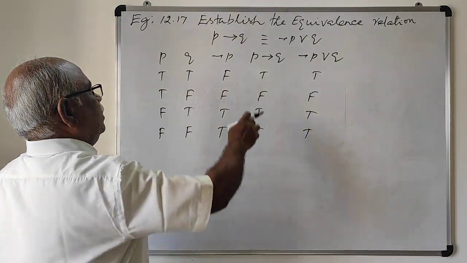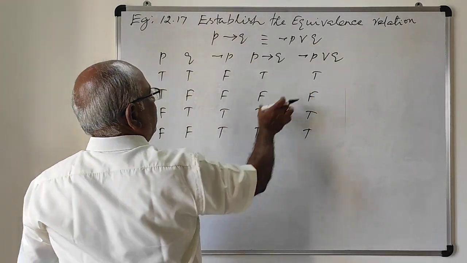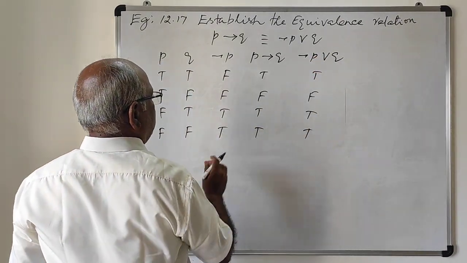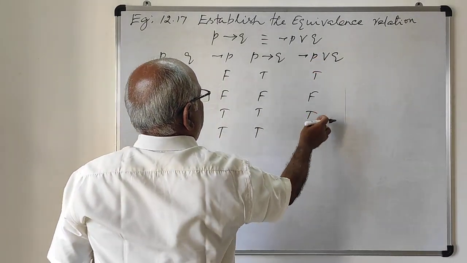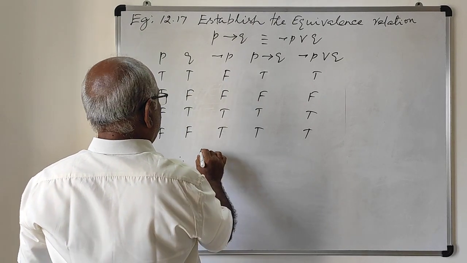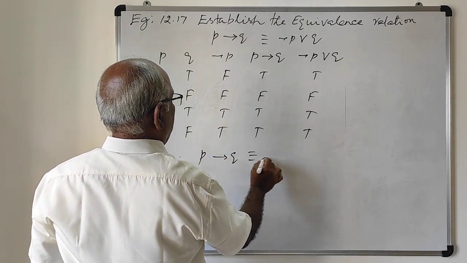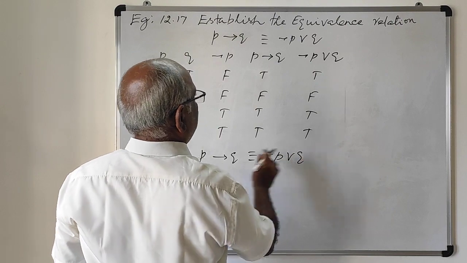The entries of the fourth column and the fifth column are identical: T, F, T, T. Therefore, P condition Q is equal to negation P disjunction Q is proved.